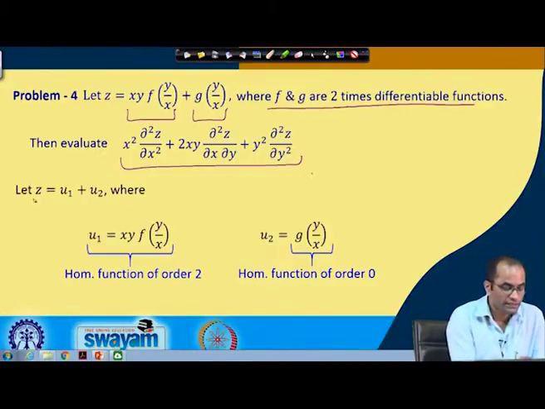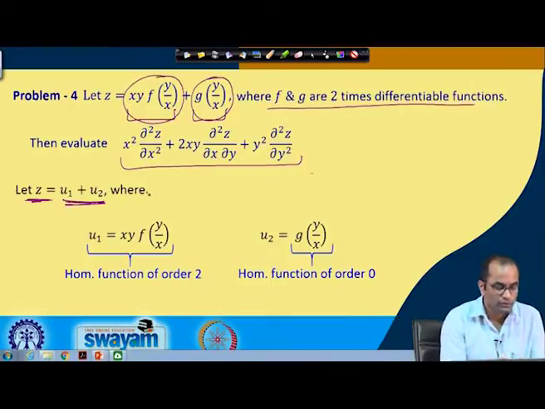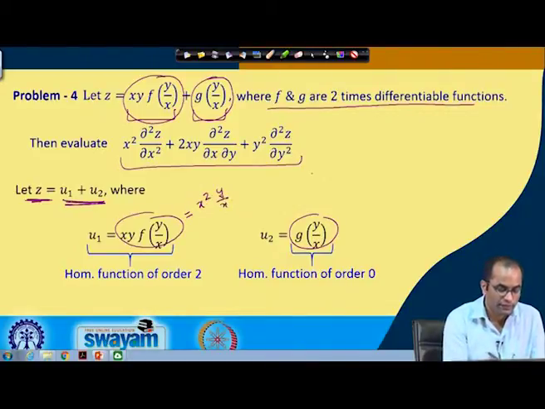So, we take z = u1 + u2, where the first term we take as u1 and the second as u2. That means u1 is xy f(y/x), and u2 is g(y/x). So, u1 is a homogeneous function of order 2, because we can write it as x square times a function of y over x.